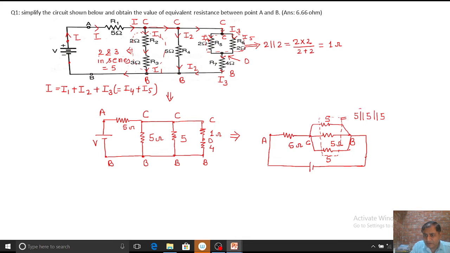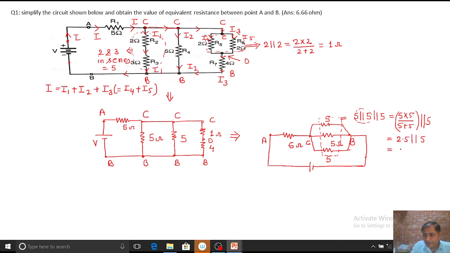Here, solve the first two in parallel: 5 parallel with 5 is 5 into 5 divided by 5 plus 5. So this value is 2.5, and it is parallel with the 5 ohm.